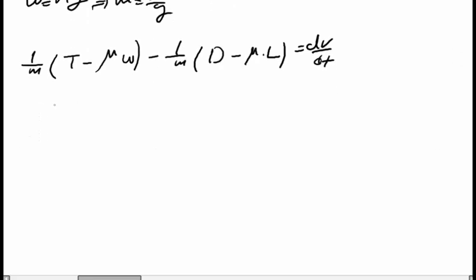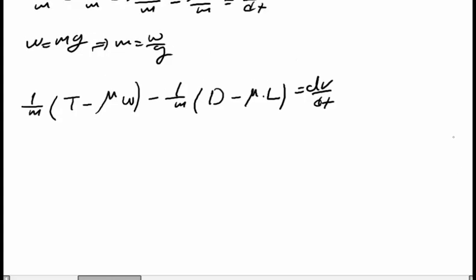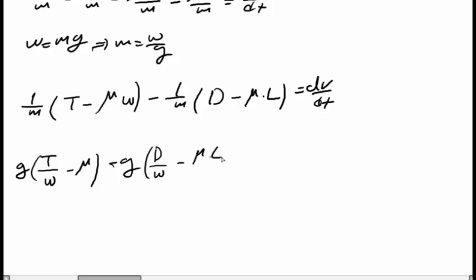When we reach this point, we apply these relations, so we get this equation: g thrust over W minus mu, minus g drag over W minus mu lift, mu times lift over W, will be equal to dV/dt.